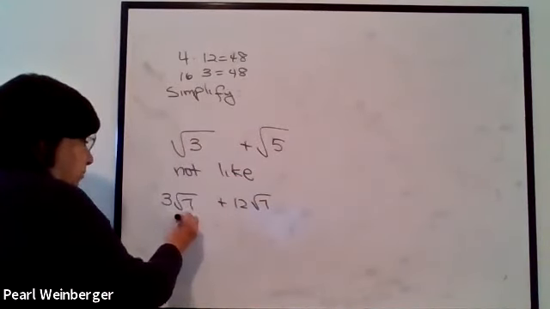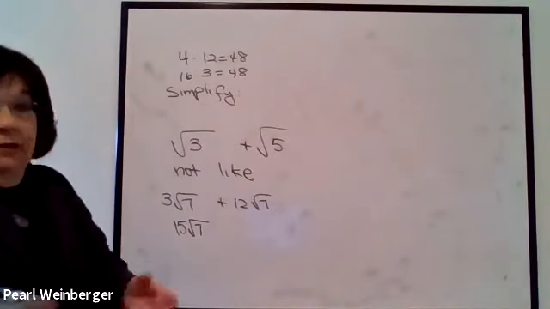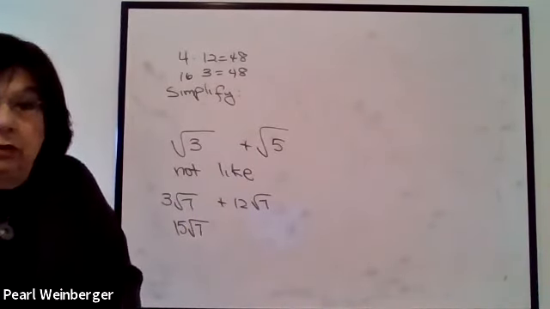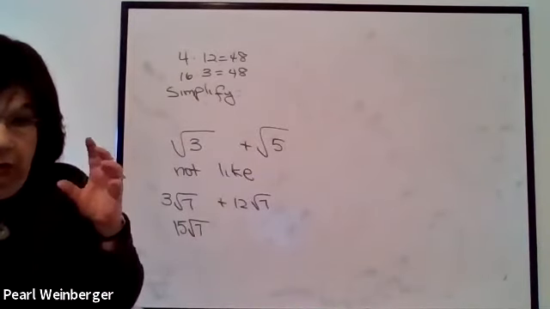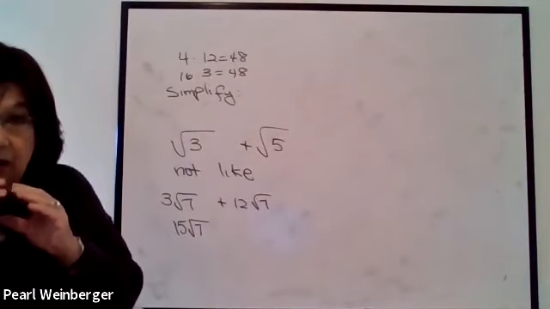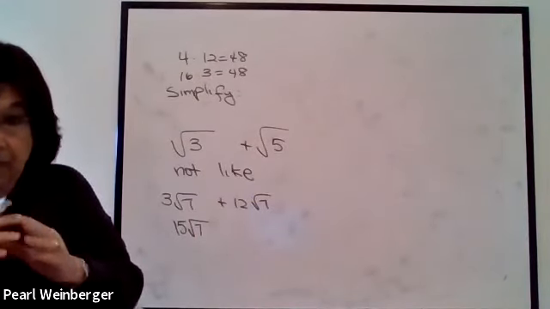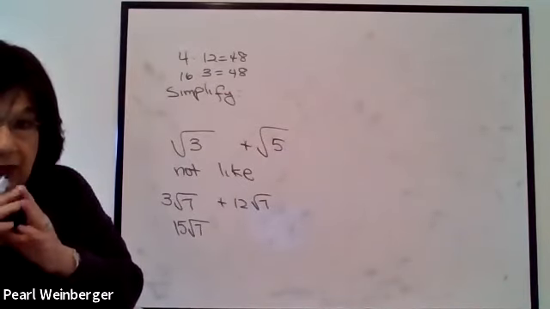So your answer becomes 15 radical 7. So when you want to add, and of course, when you want to subtract radicals, what's inside the square root has to be exactly the same for both. And then you just work with the coefficients, the numbers on the outside.